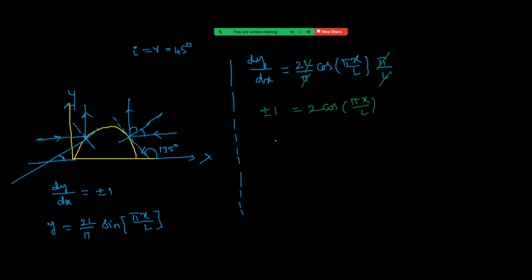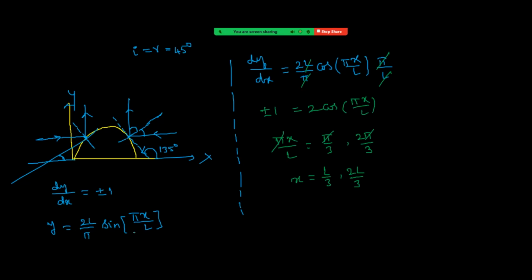That means pi x by l should be either 60 or it is equal to 120. Okay. Now see, pi gets cancelled. x equal to L by 3 or it is 2L by 3.